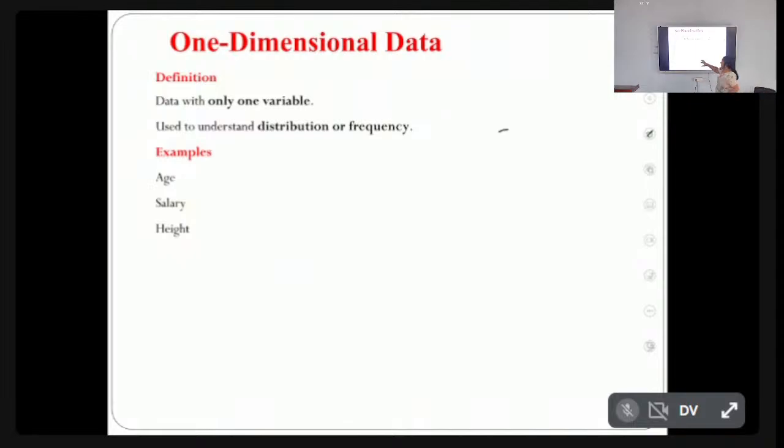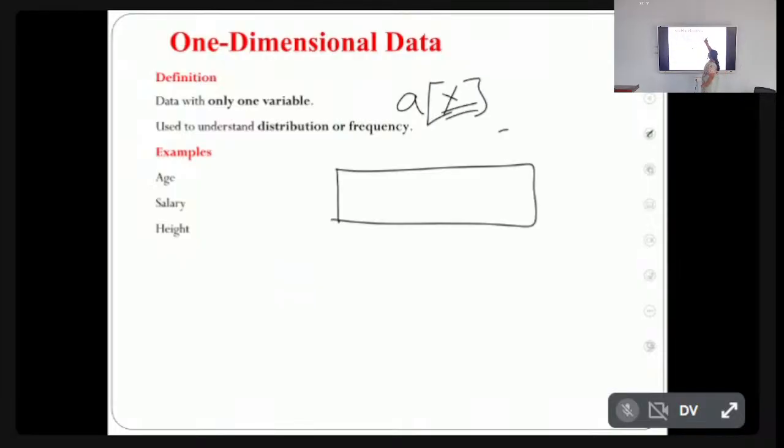So here what are you doing? You represent an array in this form, right? You are representing the data in the form of one variable. You use only one variable to represent one-dimensional data, that is a of x.